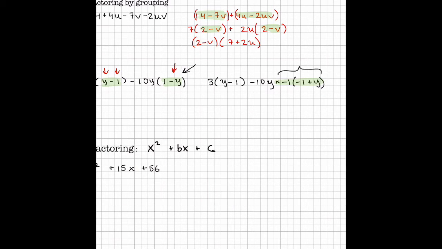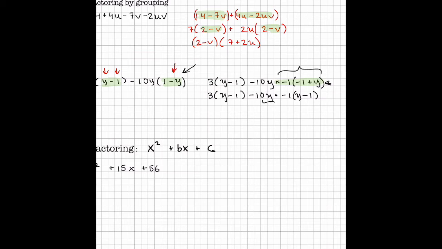Now we can continue here, but I'm just going to rearrange this so it looks like the other side. So this is 3 times y minus 1 minus 10y times negative 1 times y minus 1.